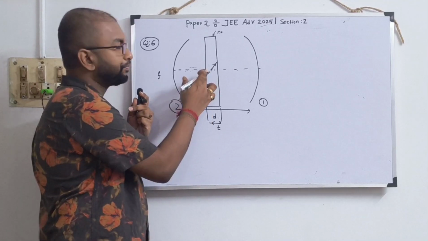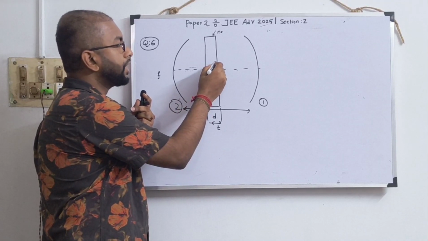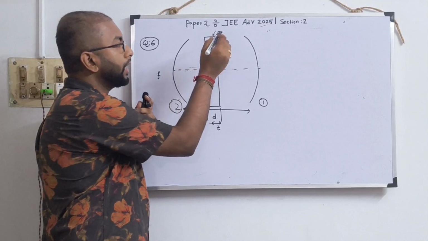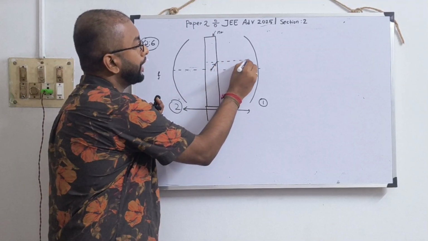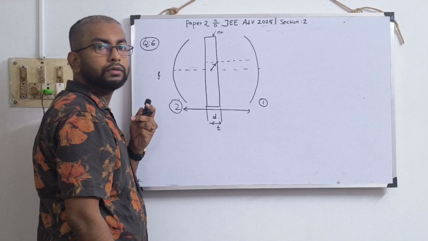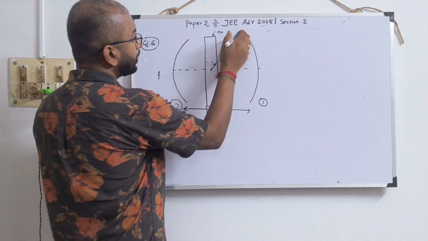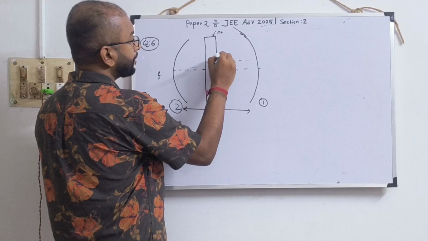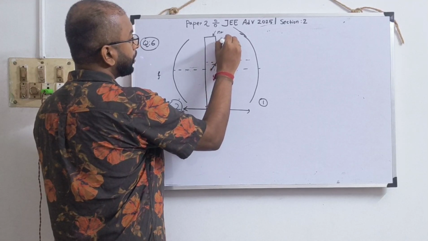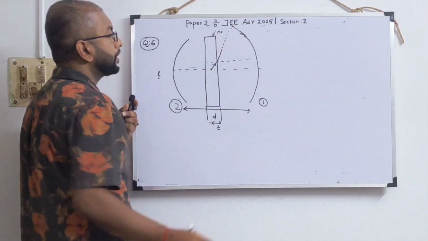Now this ray is coming to this interface of n naught and the air medium. So what will it do? It will bend away from the normal. That means it will bend and go to the mirror like this.